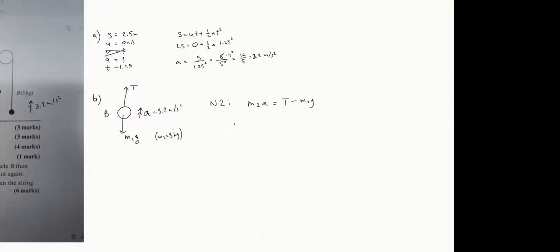And therefore, I can find the tension. Tension is M2A plus M2G. And I know that we can write it M2, A plus G. And that is M2, which is 3 kilograms, multiplied by 10 plus 3.2.